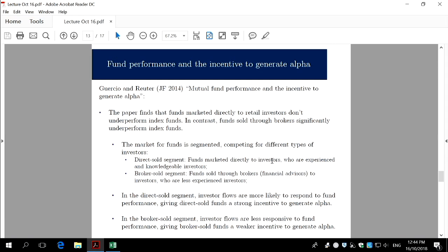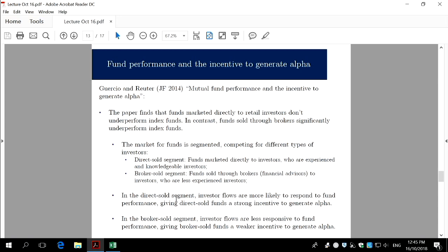Typically, those investors are experienced, sophisticated investors. Another segment is called broker sold. You need an intermediary, first going through a broker, then finding your ultimate investors. And for those funds sold through brokers or financial advisors, typically the investors are less experienced. So there are two segments.